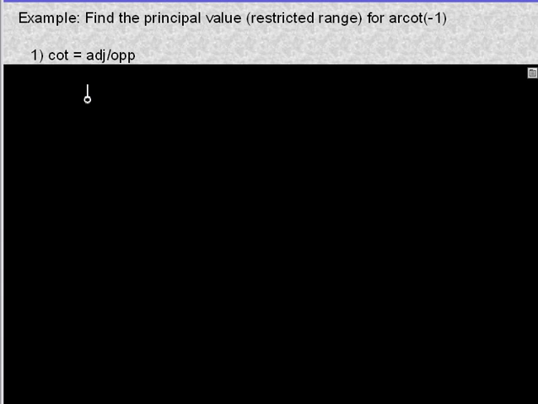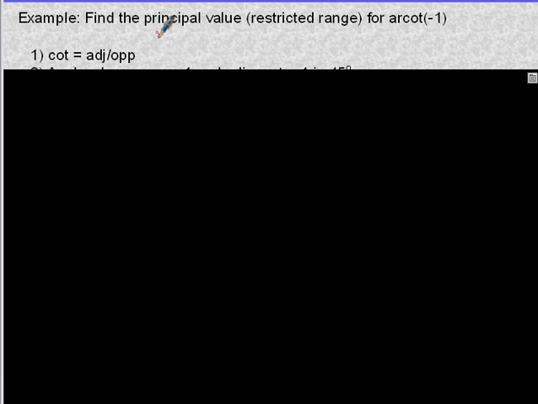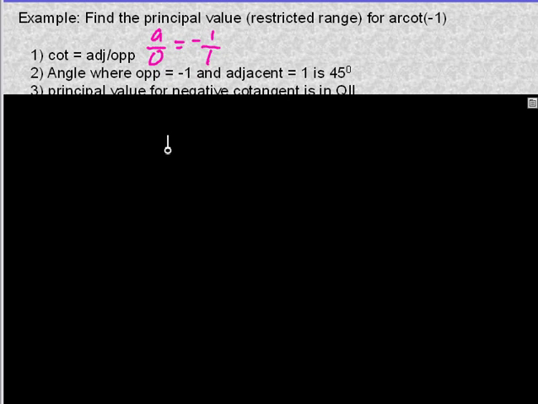Example, find the principal value for arc cotangent of negative 1. Okay, cotangent is adjacent over opposite. So this is going to give us adjacent over opposite equal to negative 1 over 1. That's going to give us a 45-degree triangle. So 45-degree reference angle, cotangent is negative.